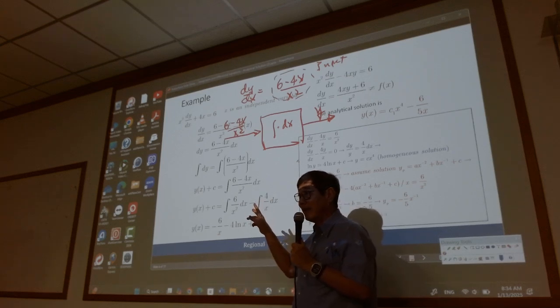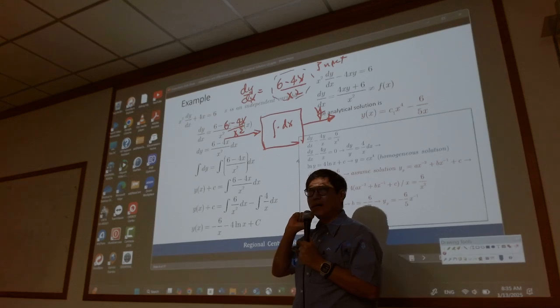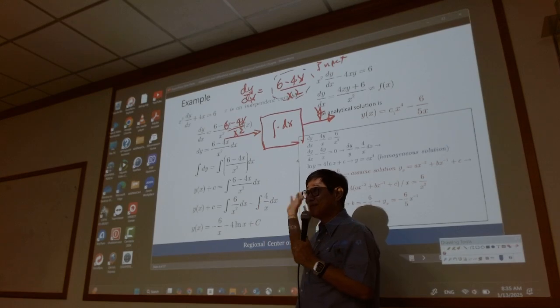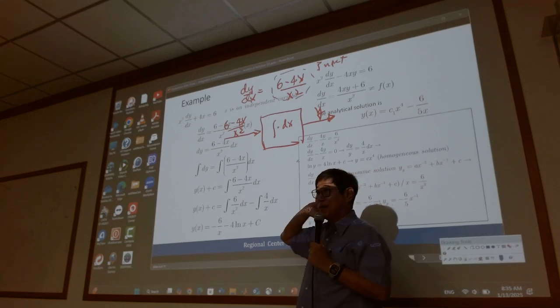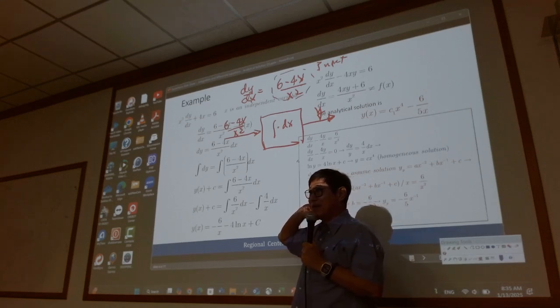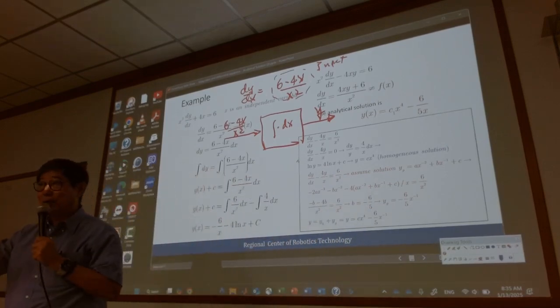Exact form, right? You must have learned exact equations, but maybe forgot. Exact form, and then integrate. Okay, but I try to make it easier for you.